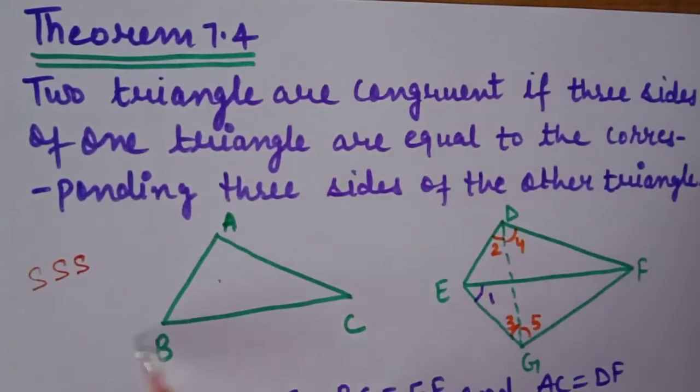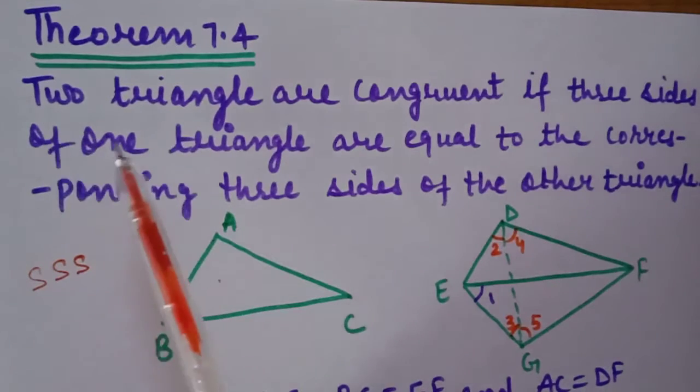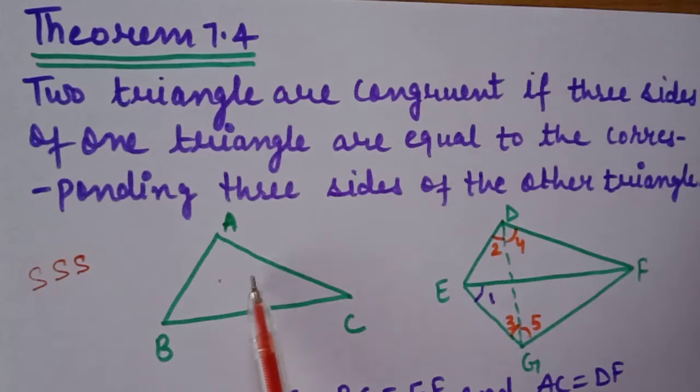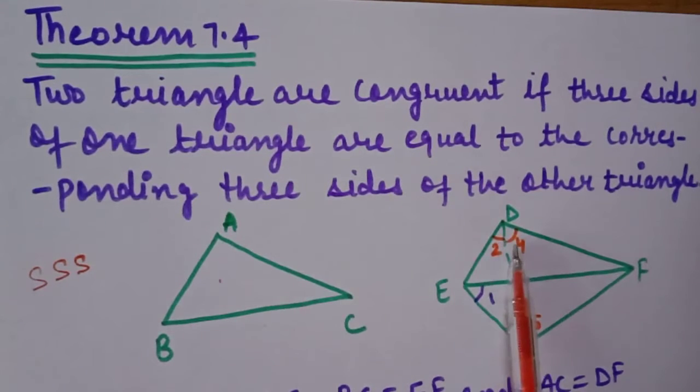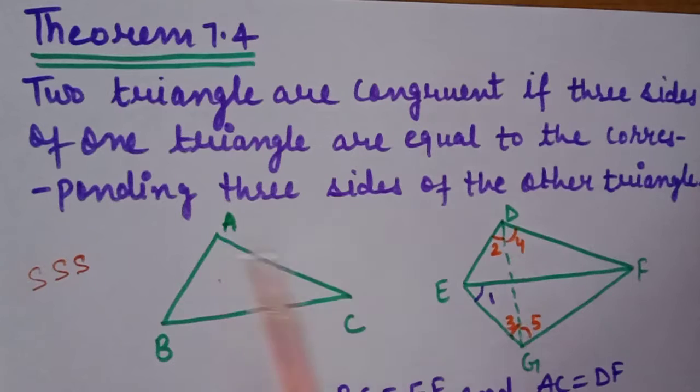Two triangles, triangle ABC and triangle DEF, are congruent to each other if three sides of one triangle are equal to the corresponding three sides of the other triangle. It means three sides of ABC are equal to the corresponding sides of triangle DEF.